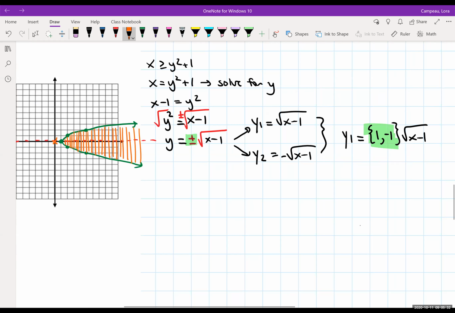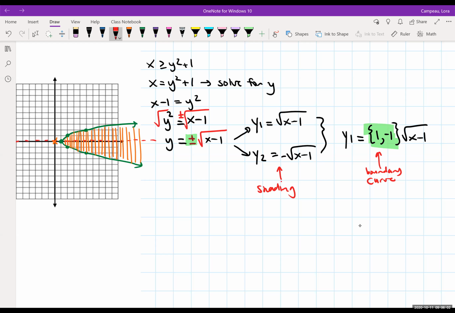Here's the issue. Shading is not going to work well when we use this particular notation to deal with our parabola. I would use this if I'm just looking for the boundary curve. I would probably use this if I'm trying to understand shading or just trying to draw myself a picture.